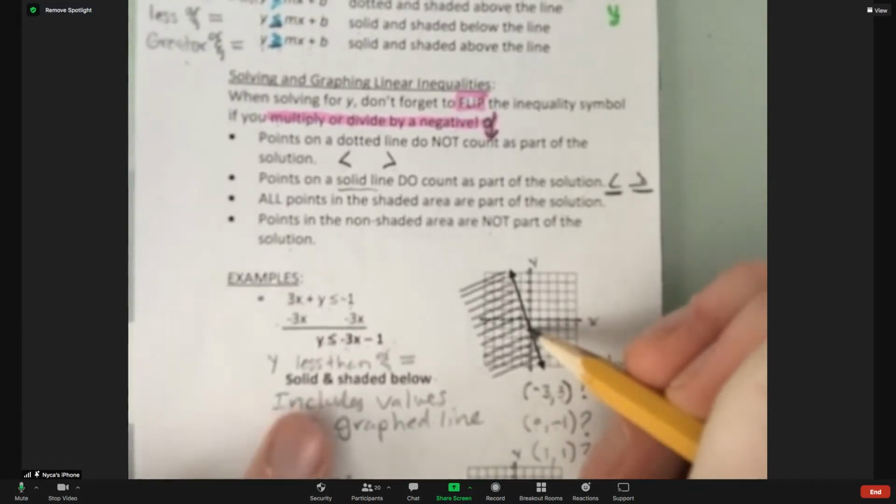Are there a lot more? Yes. If you were given 0, -1, it exists on the line. But since it's a solid line, then yes, it is a solution. If I gave you 1, 1, this is not in the shaded area. So that would be no, that is not a solution to the problem.